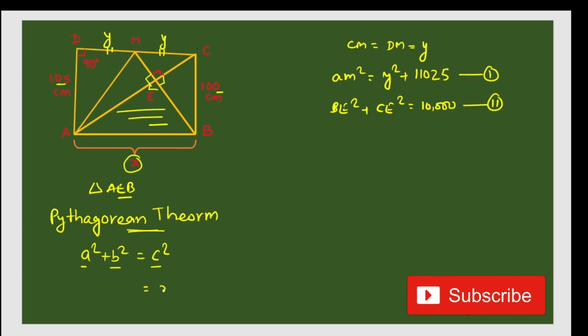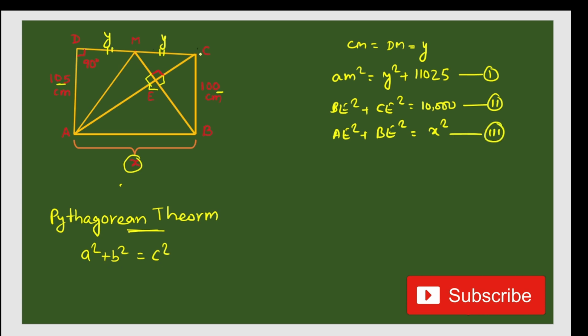So x square is equal to AE square plus BE square. So AE square plus BE square is equal to x square, right? And we will call this equation 3.